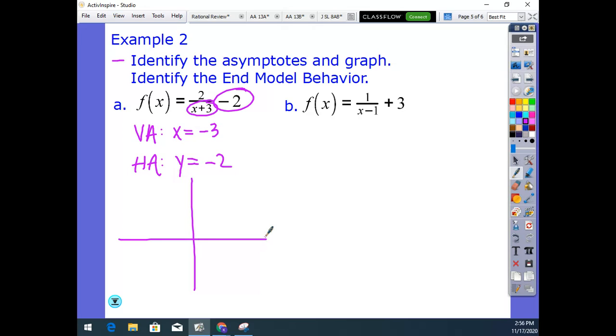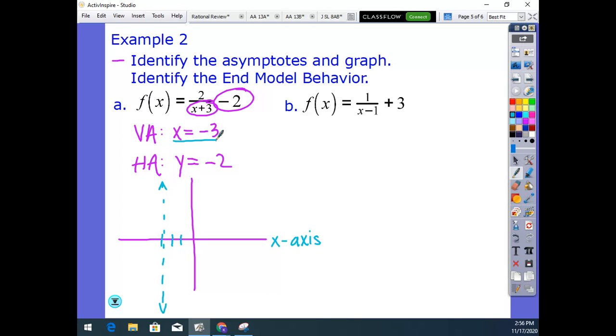So the next thing we do is we're going to graph these. Where is x equal to -3? x is -3. Remember, this is the x-axis. So x is -3 right here. So I'm going to make a vertical line going through the x-axis at -3, because this is what I have to avoid on the graph.